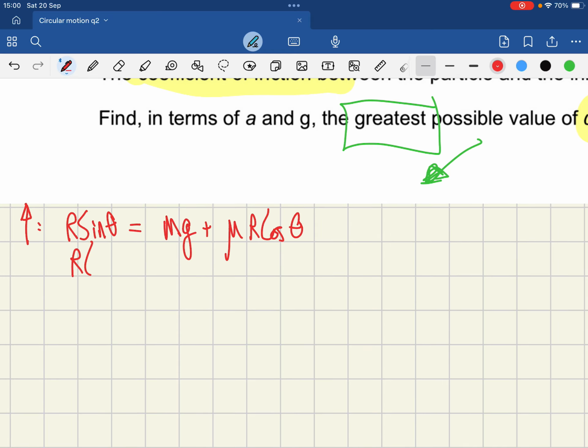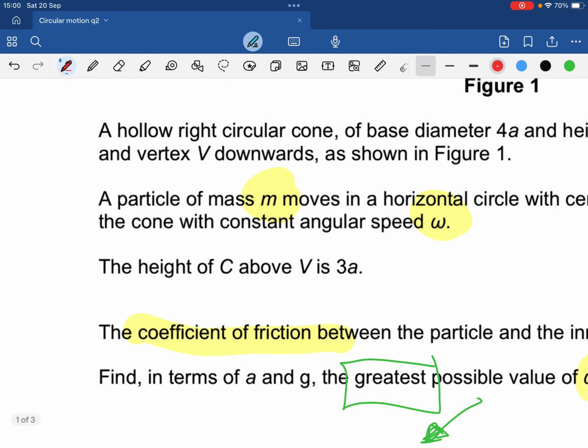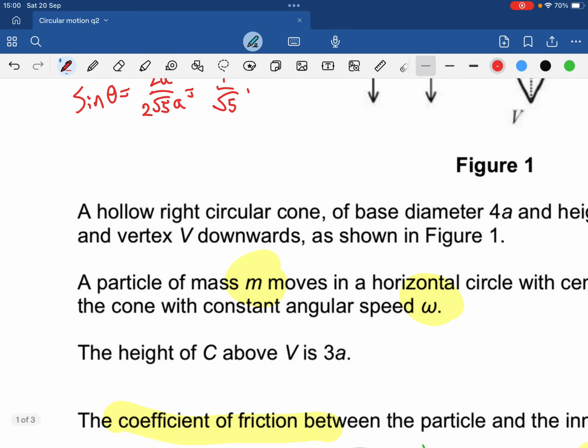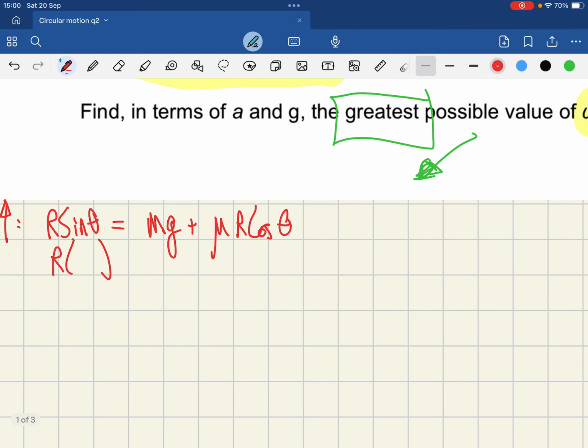So R brackets, sine theta was up here, it was 1 over root 5, equals mg plus mu was a quarter, so 1 over 4. Cosine theta, I'm doing this a bit out of order, put R here.